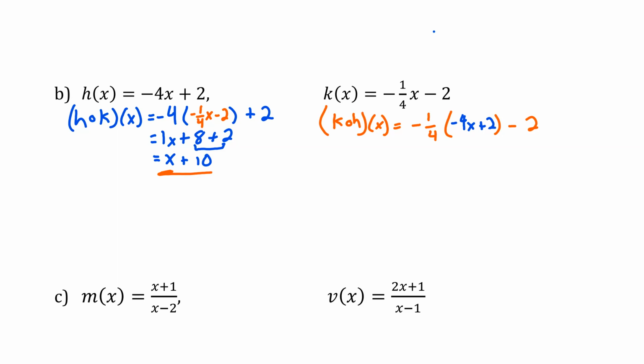So a -1/4 times a positive 4 would leave me with a 1x. -1/4 times a positive 2 would actually leave me with a -1/2 minus 2. So this is going to leave me with an x minus 5/2. So these two do not equal x. It's not that they don't equal each other, it's that they don't both equal x. So no, these are not inverses of each other.